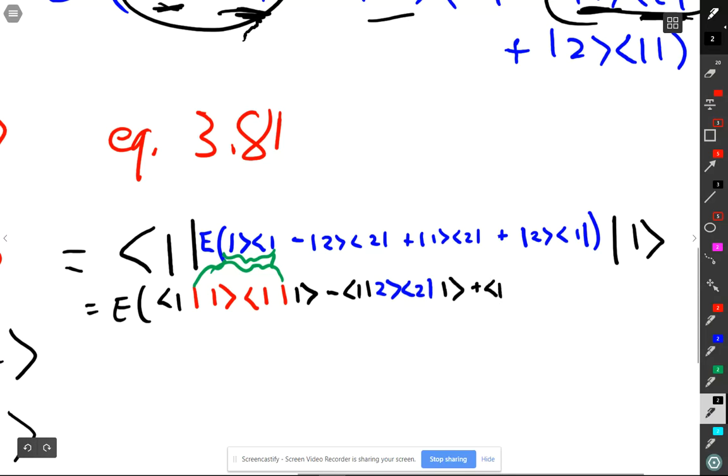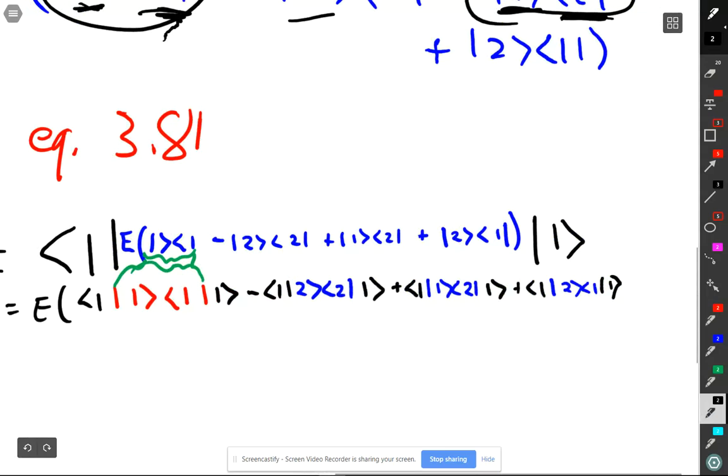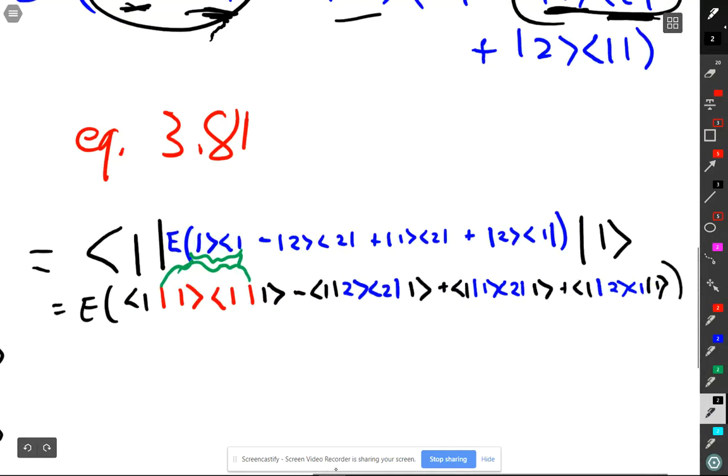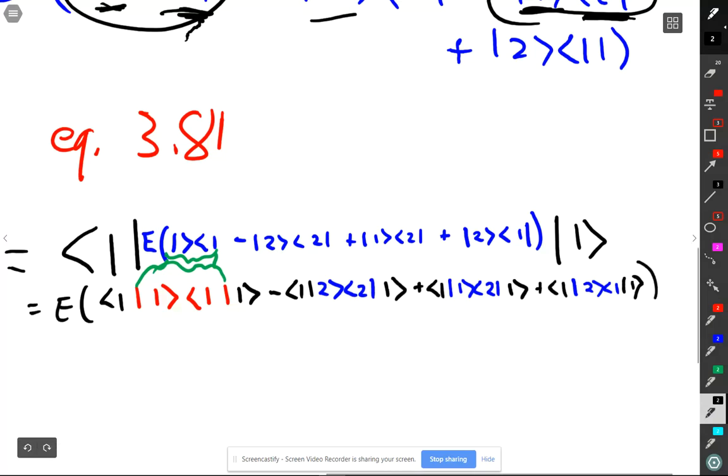Plus bra 1, ket 1, bra 2, ket 1, and finally plus bra 1, ket 2, bra 1, ket 1. With the parenthesis at the end here, yes, I have room for it. So there I have, except for the first one where I used red, the color coding is the same. And I guess I should have made that blue as well.